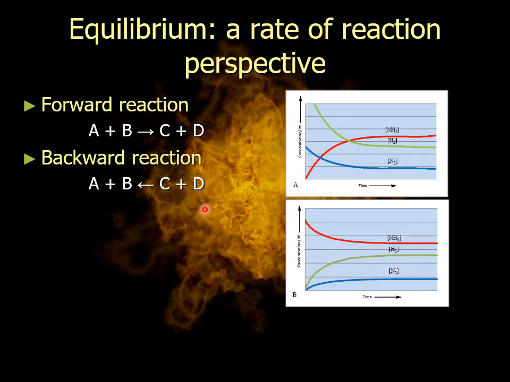And now we can look at the reverse reaction, where we take the C plus D's and start with all those and no A plus B's and monitor what's happening, and we can plot a similar graph. So our specific example, again, the Haber process, but this time going in the opposite direction.